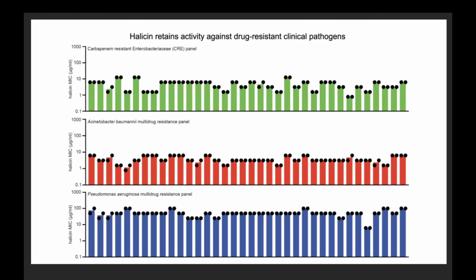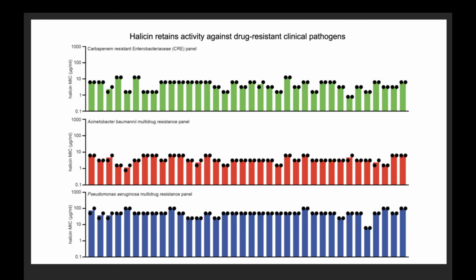So what we did is we collected 36 isolate panels of carbapenem-resistant Enterobacteriaceae, Acinetobacter baumannii, and Pseudomonas aeruginosa. These are 3 clinically problematic gram-negative species that are often multi-drug resistant. And what we observed was that Halicin retained activity against both carbapenem-resistant Enterobacteriaceae as well as multi-drug resistant Acinetobacter baumannii.